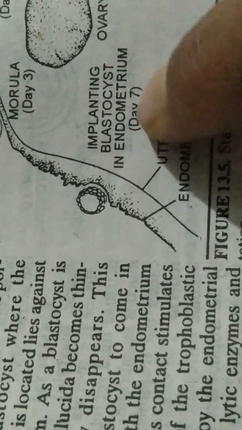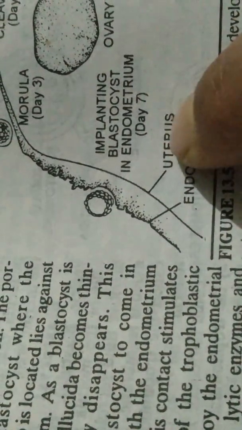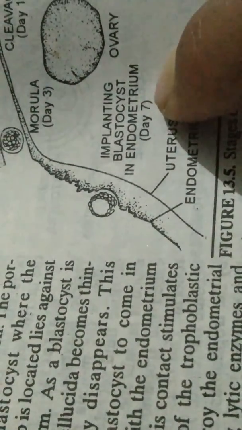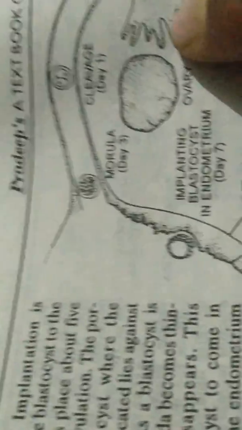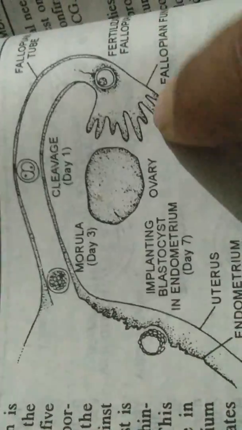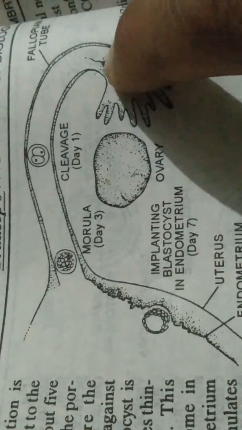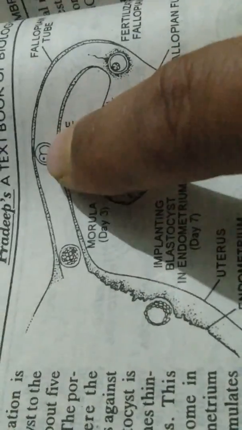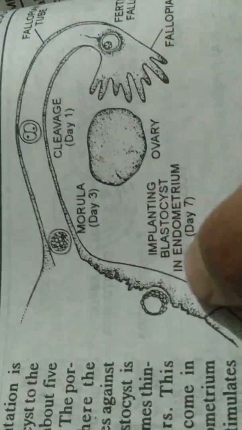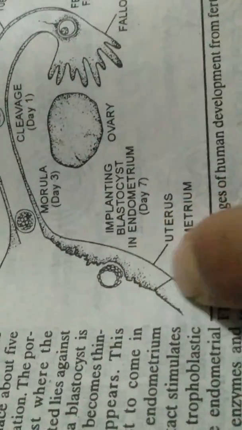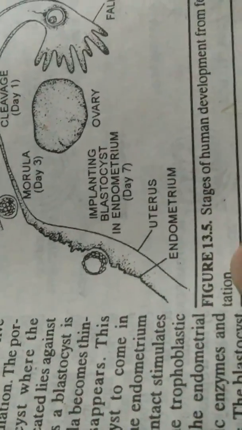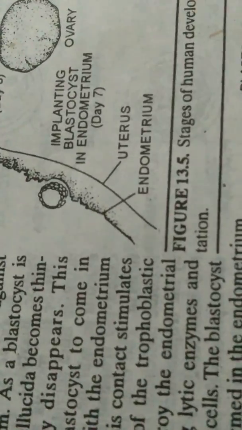The implantation of the blastocyst in the endometrium occurs roughly at day 7. You see, these are the fallopian tubes. This is the manner in which the morula moves towards the uterus, then gets converted into the blastula and gets implanted in the endometrium of the uterus.